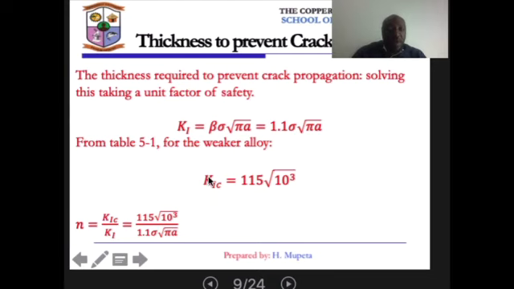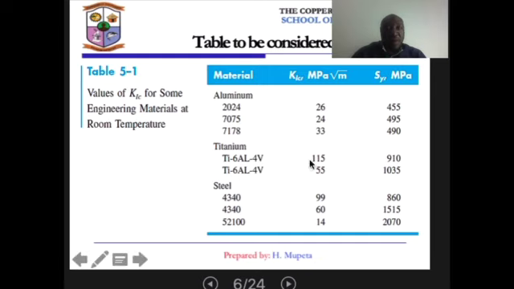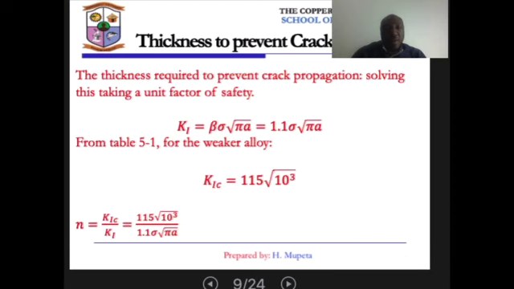And when we go for the weaker alloy from table 5.1, we can get the fracture toughness. So I quickly go to table 5.1 where we can get the fracture toughness. The fracture toughness for the weaker alloy is 115 megapascal. That is what we have as the fracture toughness of the weaker alloy.